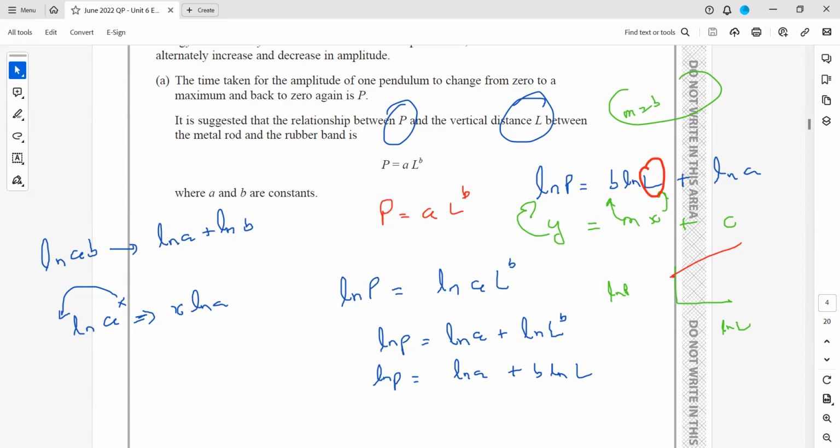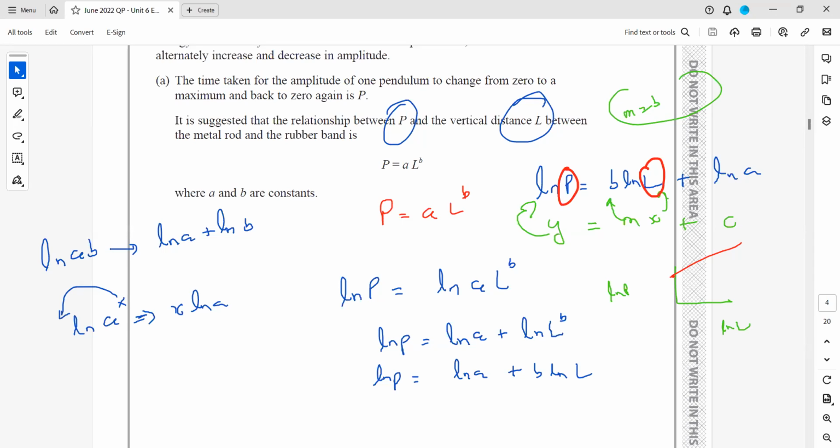And when the pendulum starts to vibrate, because P is the time for a pendulum to reach a maximum value from 0 to maximum and then return back to 0, we'll start a timer and record the time for the pendulum to vibrate to its maximum value and then return to 0 amplitude.